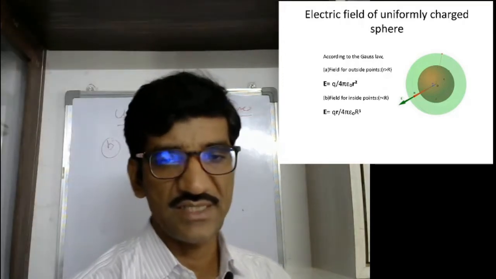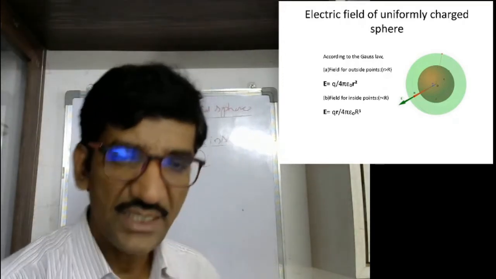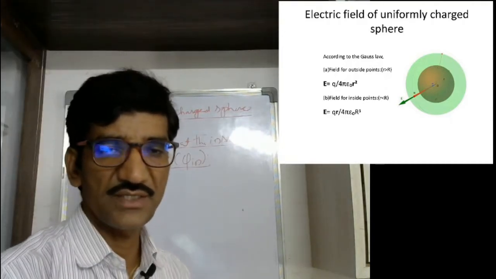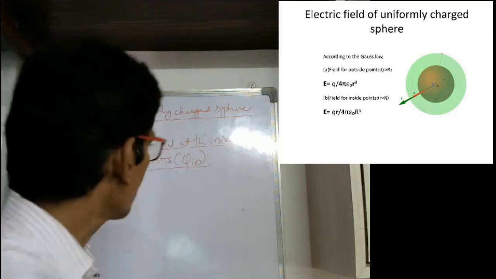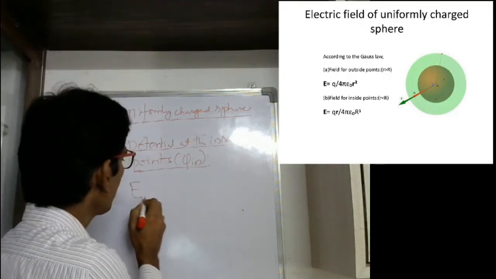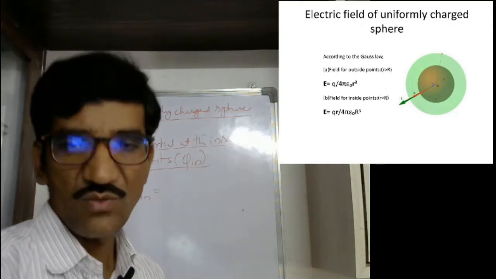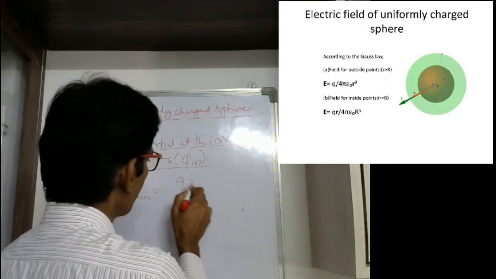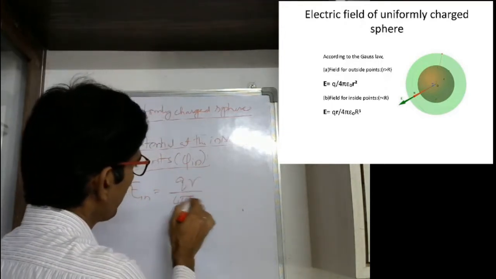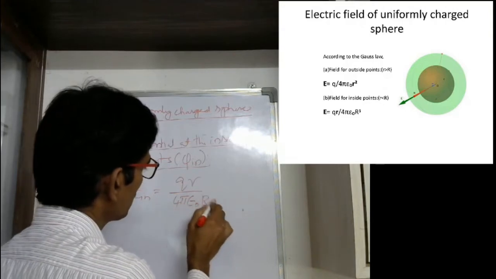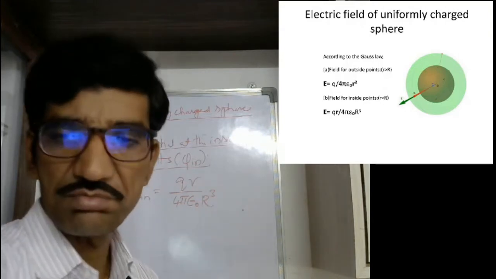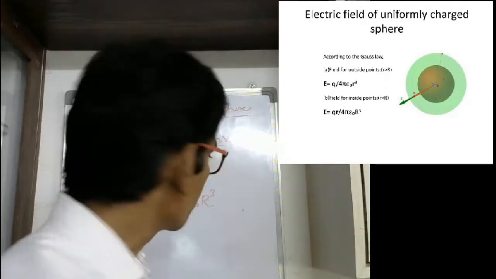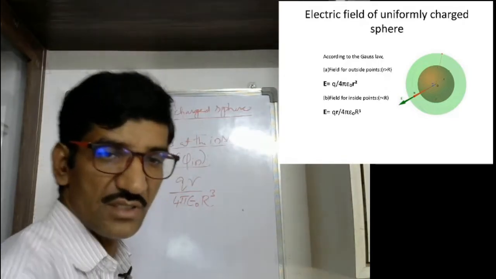Let us take the field inside the uniformly charged sphere. E inside the sphere is, you see on the slide, QR by 4 pi epsilon naught R cube. Here R is the radius of the charged sphere.